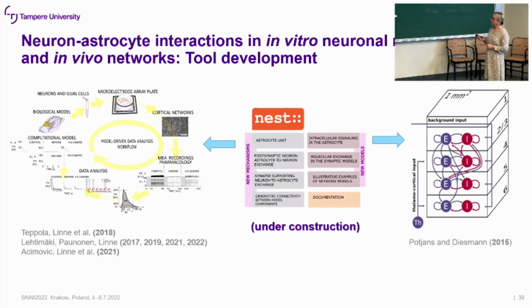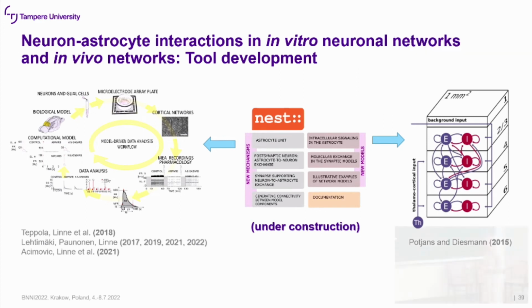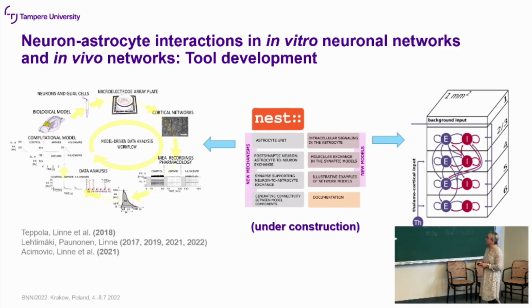So we are measuring the network activity in cell cultures and doing this kind of workflow for combining experiments and models. And there we need more sophisticated tools that run large numbers of cells very efficiently. And of course there is later on interest to understand the in vivo networks, as was explained by Sasavan Alpada yesterday.